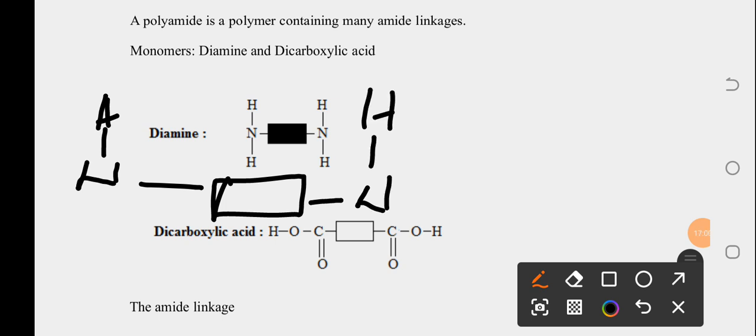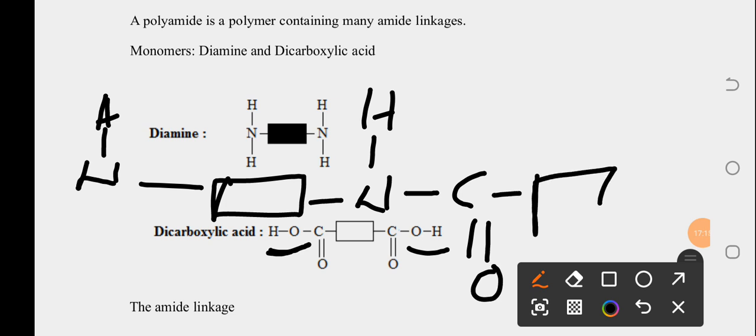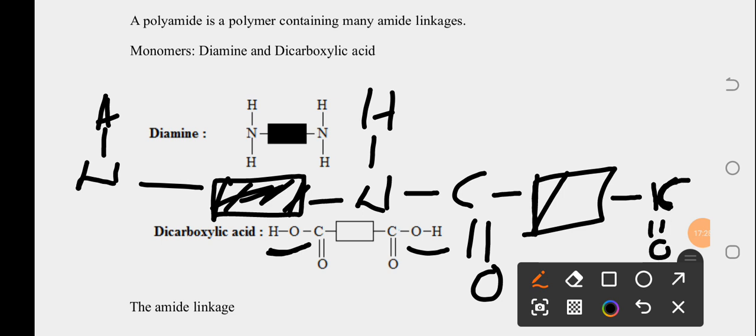Okay, so now also remember that we've removed these from dicarboxylic. We've removed this. So what we've remained with is this. Okay, sorry. This is what we've remained with.